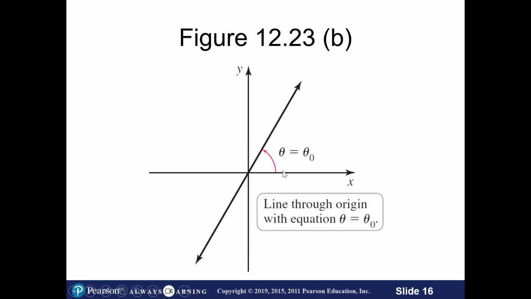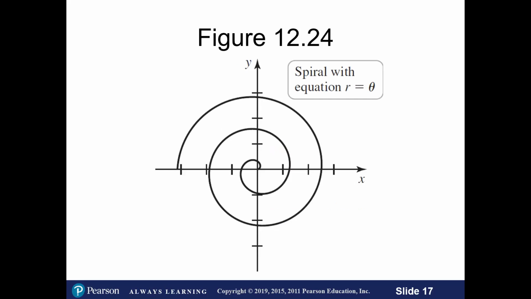It's any r, but theta equals theta naught in this case. That'll give you a line through the origin.